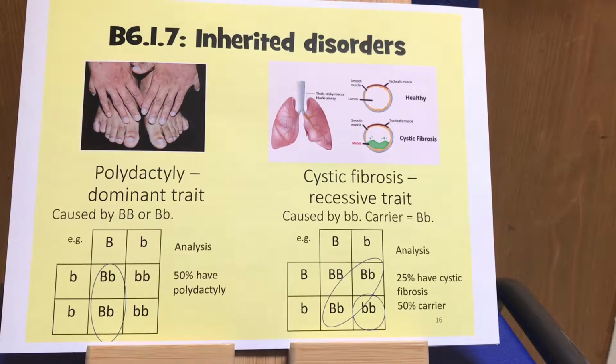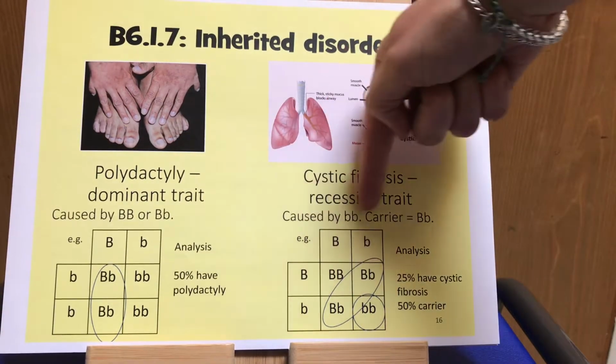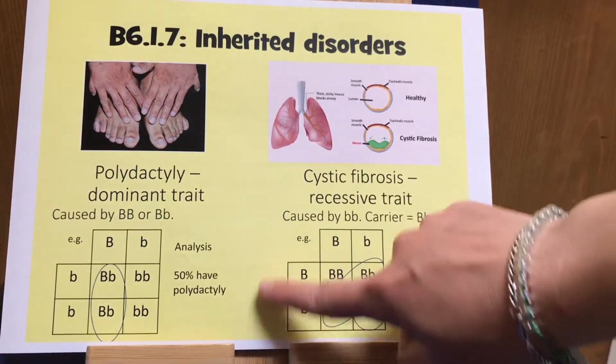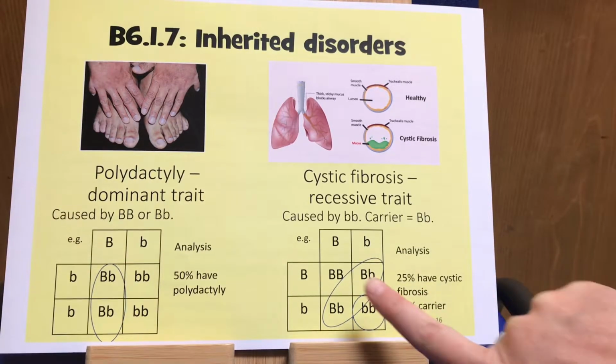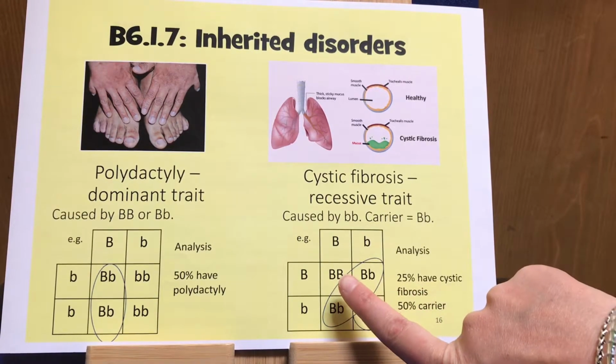So when we analyse one of these Punnett squares, we need to put a bit more detail into it, okay? Remember as well, that's not on here, mum, dad. It could be either way around. You could put mum here and dad here, but do what the question tells you to do, you know, label them correctly. So we're saying here, well, what happens if we have two carriers? Okay, we've got 25% here will not have cystic fibrosis.